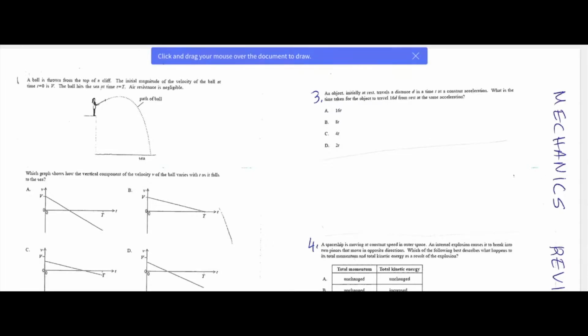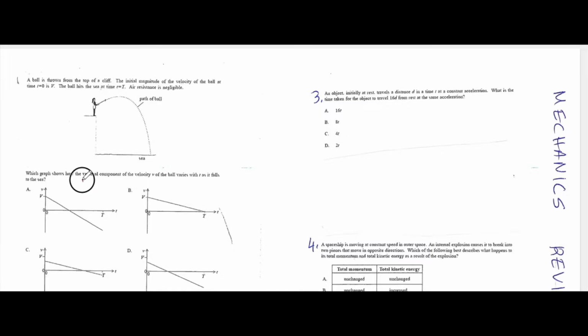And we have the graph. We're asking for the graph of v versus time for the vertical component. So, if this is v, the vertical component is going to be v sine theta, and this is going to be v cosine theta.